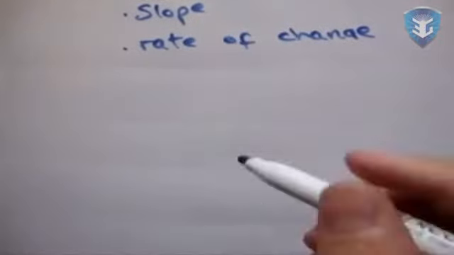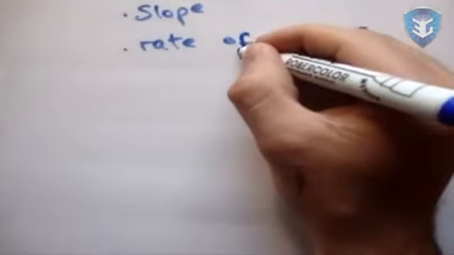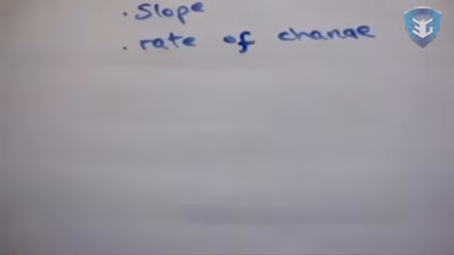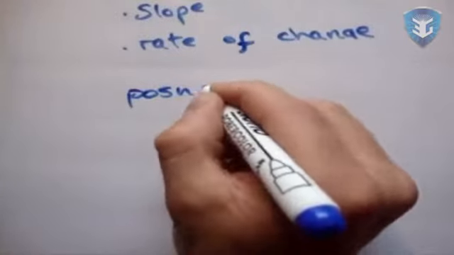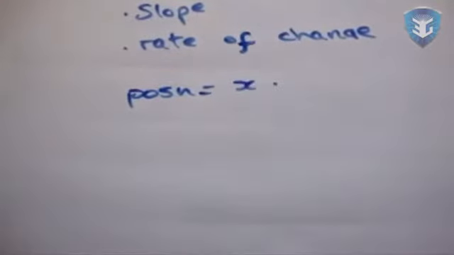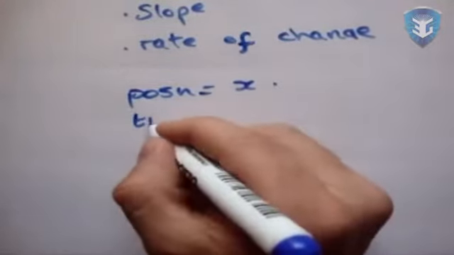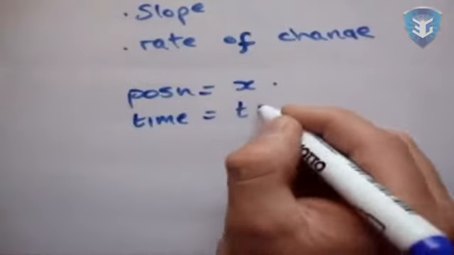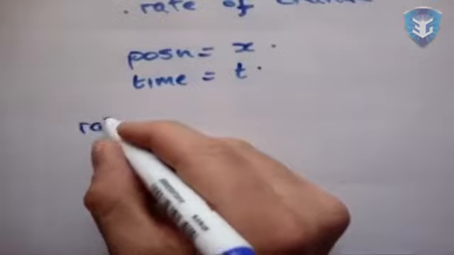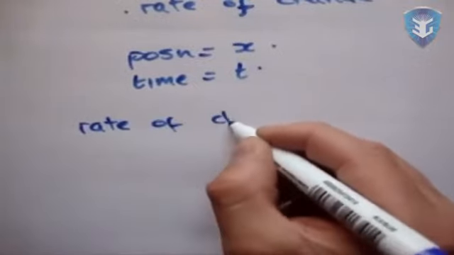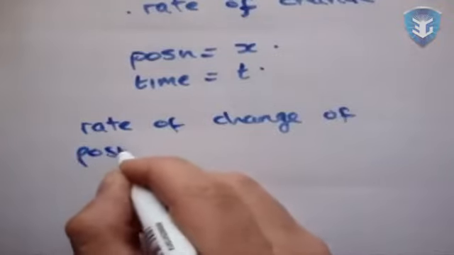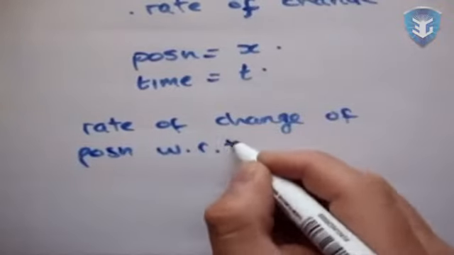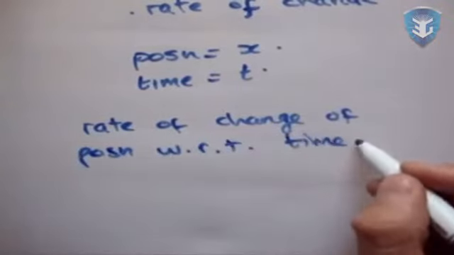Now, look, just finally to show that these give you something real. This isn't something airy-fairy that you learn in school and never use. These things have a physical meaning. For example, say x means position, okay, and time equals t. Now the question is this: what is the rate of change of position with respect to time?